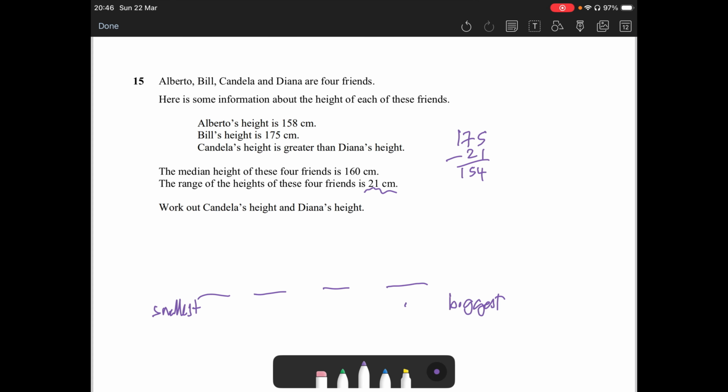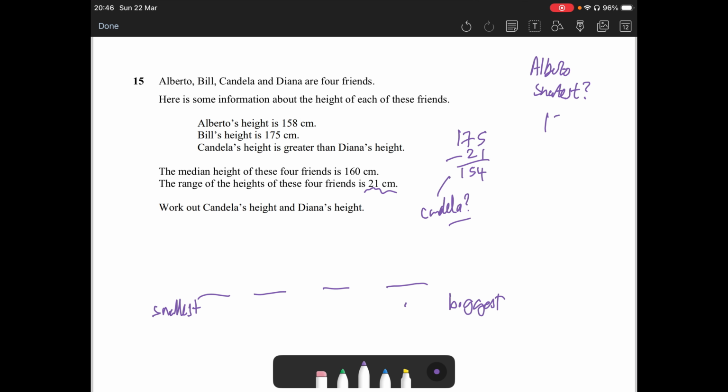Okay. So let's presume this could be Candela's height. The reason I'm hesitating is, what if Bill is not the tallest, but actually Alberto is the shortest? So Alberto shortest. Obviously that would mean that we would have to add 158 to 21.